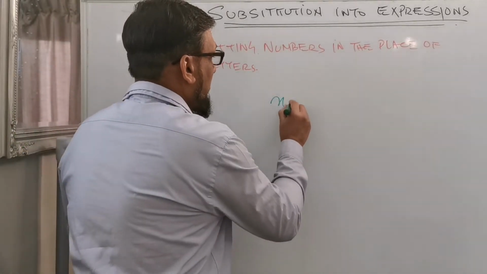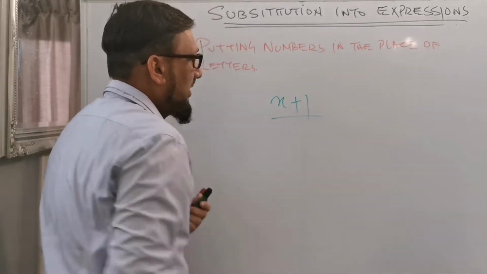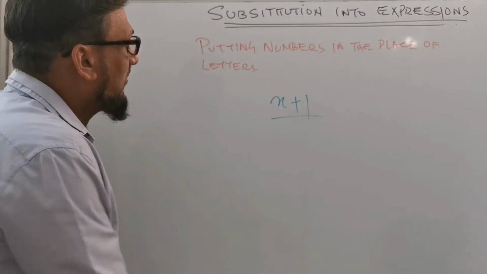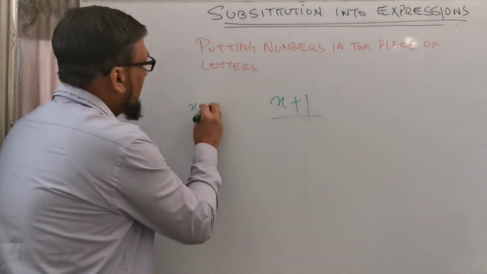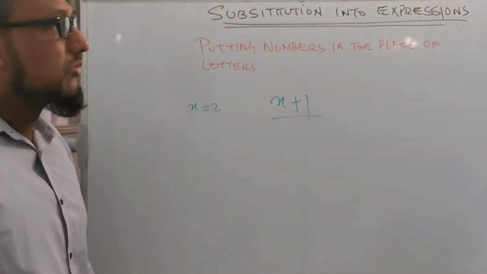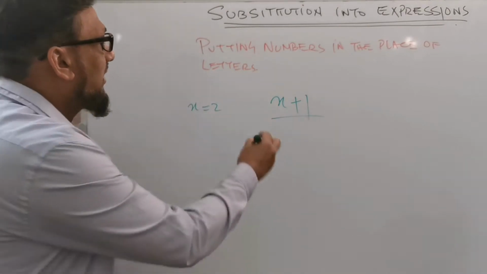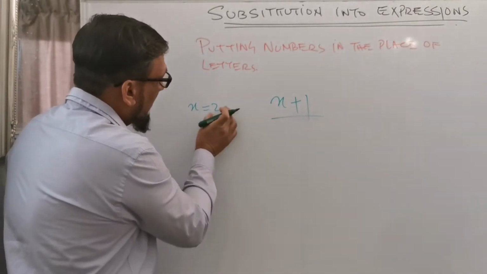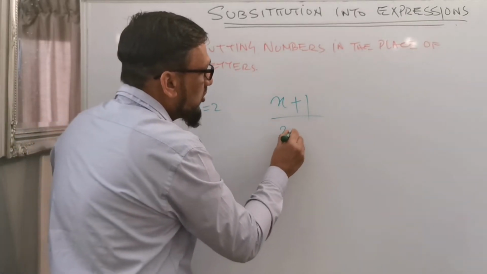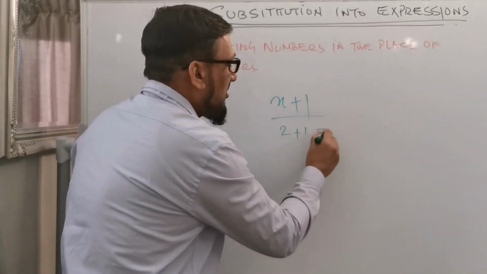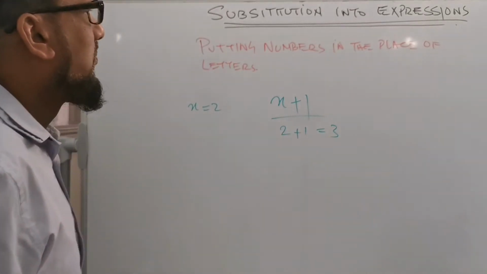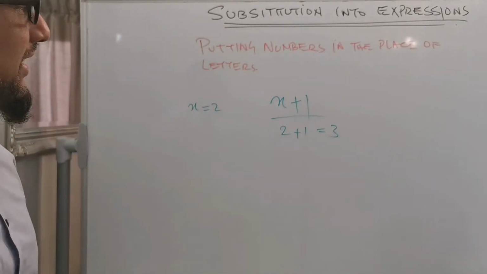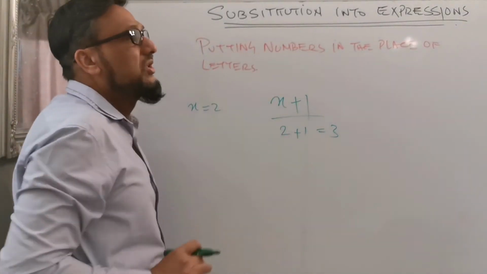If I say there is x plus 1, you need to substitute the value of x, which is equal to 2. So 2 plus 1, the answer will be 3. Putting a number in the place of a letter is called substitution.